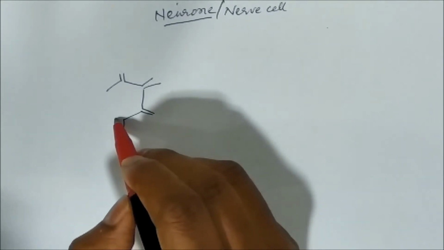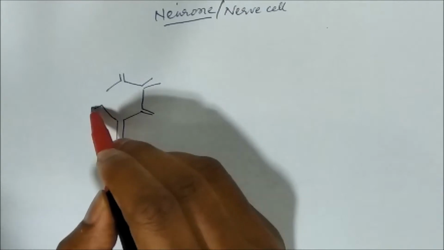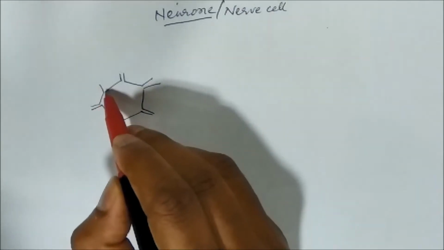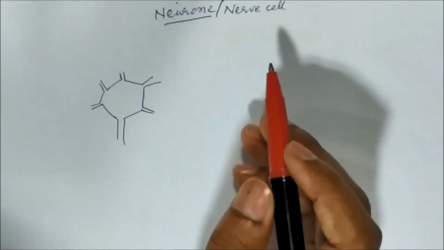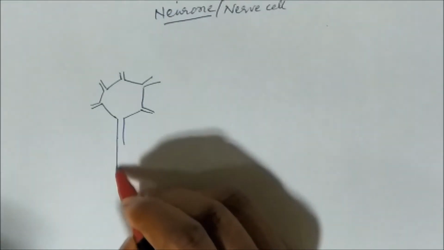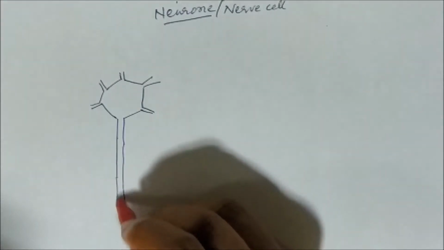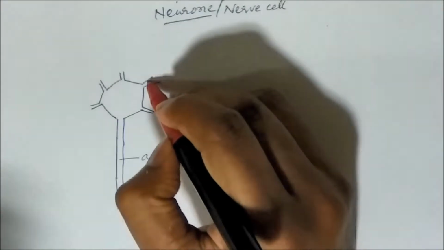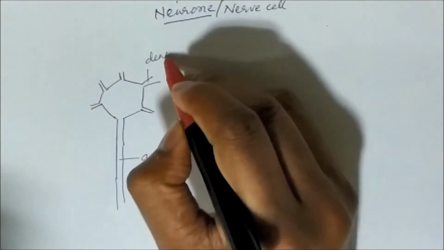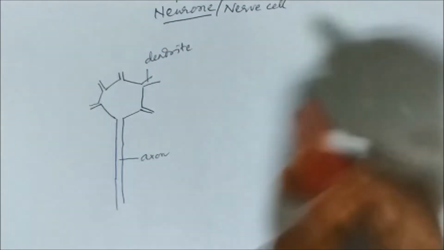In this diagram we can say there are 6 processes. One of the processes is called the axon, and the other processes are called dendrites, okay?